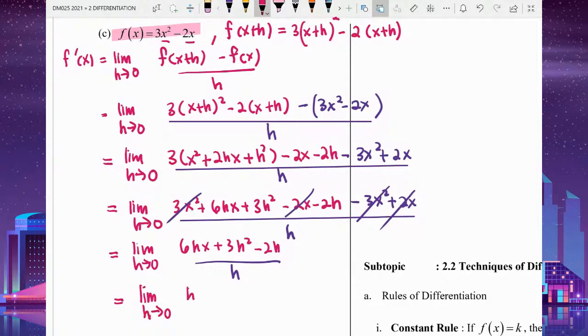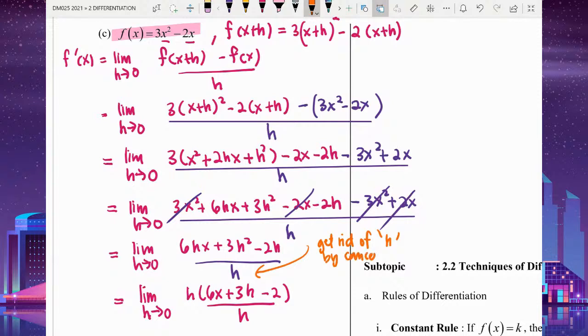Okay, so now we factor out H. 6x plus 3h minus 2 over H. Okay, remember what the teacher said? We must get rid of H, by what? By cancelling top and bottom. But before that, we must factor out H first. Clear or not? Okay, very good.